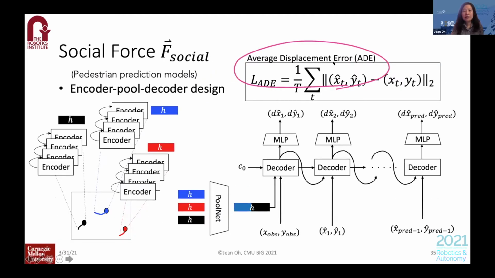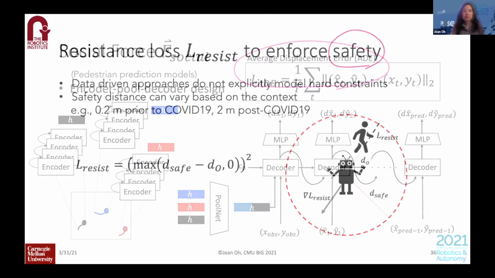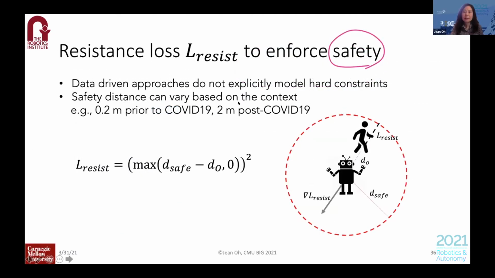Okay. And then the average displacement error, which is the more general behavior throughout, again makes sense for training social force. It considers the interaction between agents throughout. So we use this. And then the third term is the safety.